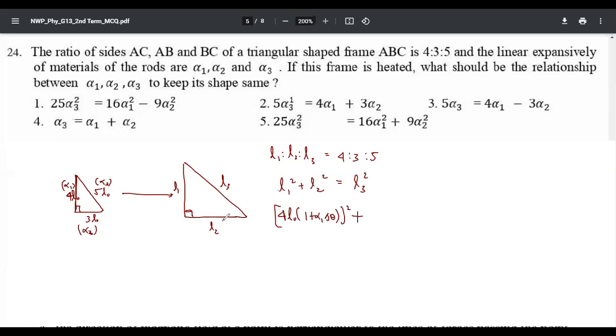Plus L2. L2 is the new length of this thing, that is 3L naught within bracket 1 plus alpha 2 delta theta, whole thing squared, equal to L3 squared. L3 squared is 5L naught within bracket 1 plus alpha 3 delta theta, whole thing squared.